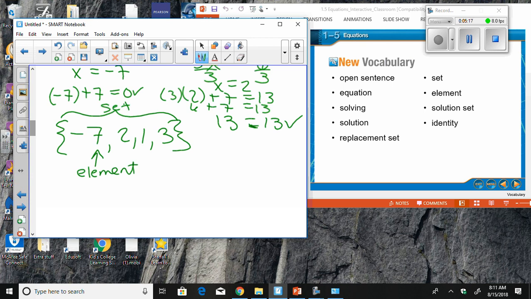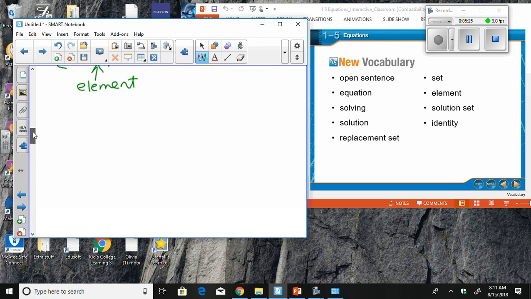A solution set is the set of elements from the replacement set that can make the open sentence true. Sometimes it'll be more than one thing, and you'll have a solution set with multiples. Identity is another term that we have talked about a little bit before.